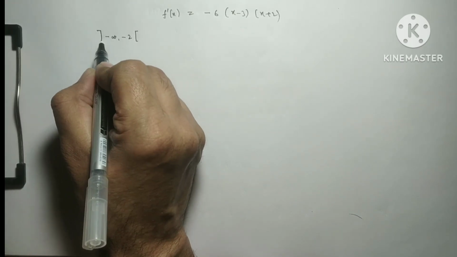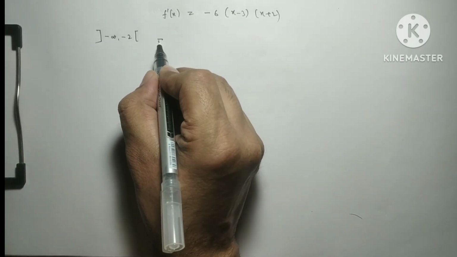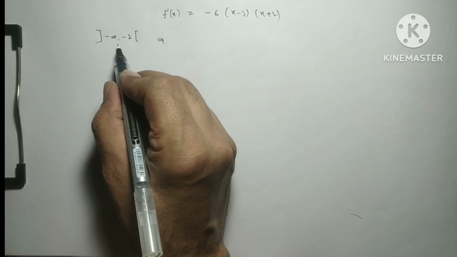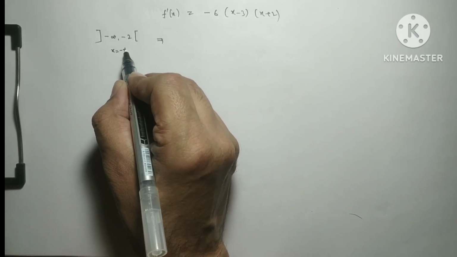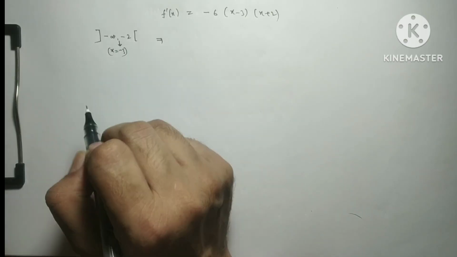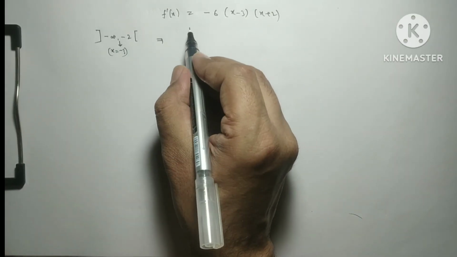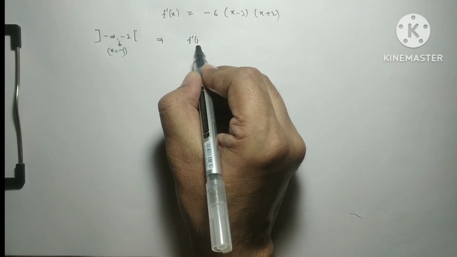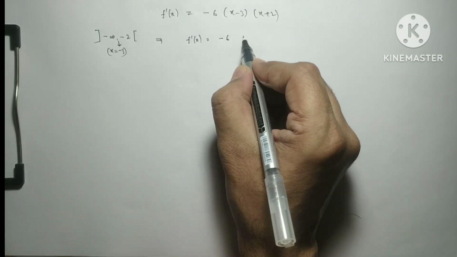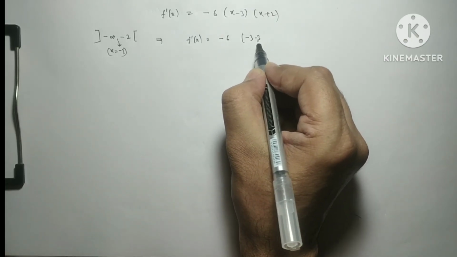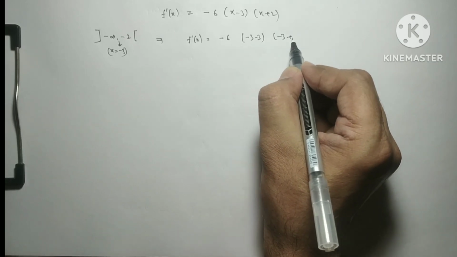If we consider the value minus 3, f dash x will be minus 6, minus 3 and minus 3 plus 2.